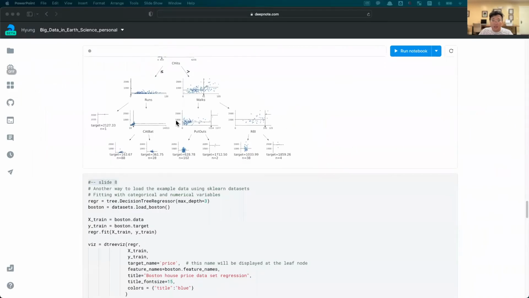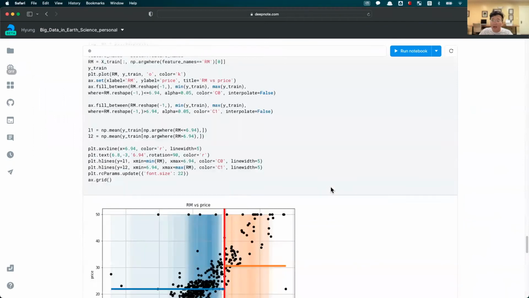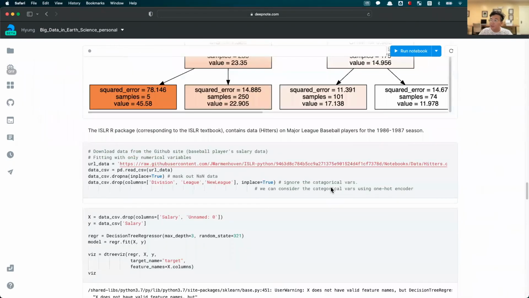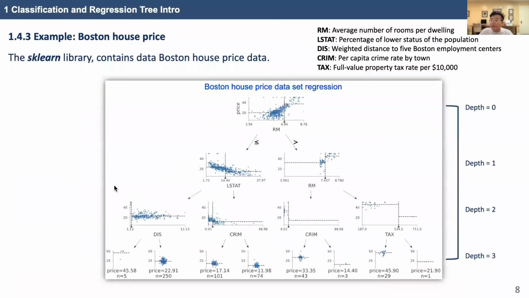So in the Deepnote here, please check the blog to see how I created this figure. So this figure shows a regression tree fit to this house price data. It consists of a series of splitting rules starting at the top of the tree.